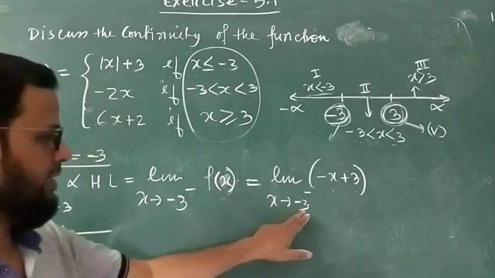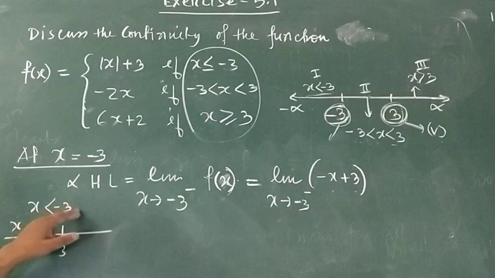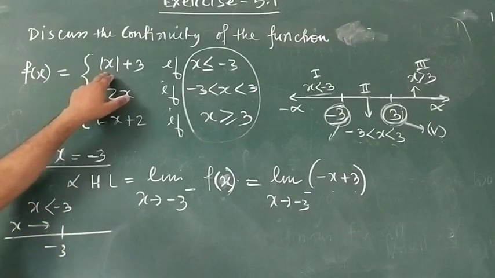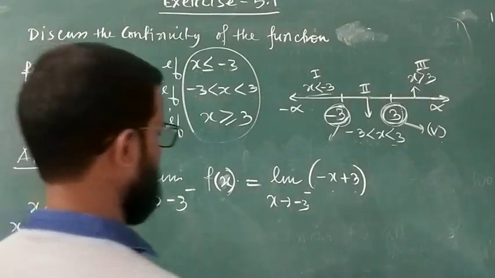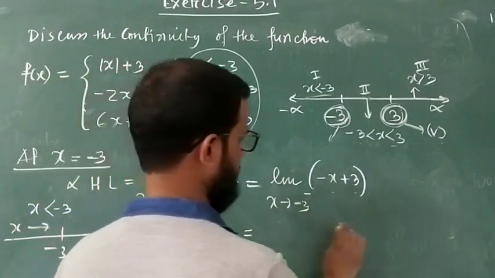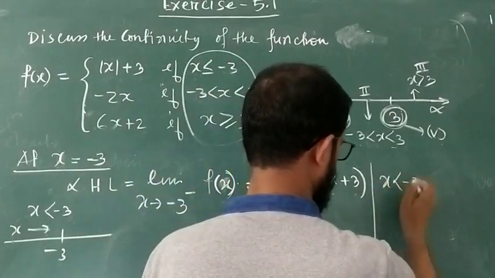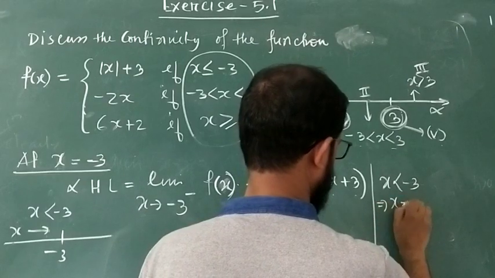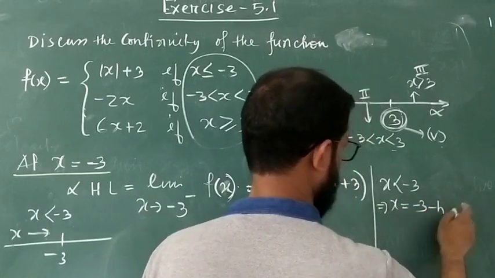Because x tends to minus 3 minus means x is less than minus 3, which is less than 0, and therefore modulus of x is equal to minus x. Here x is less than minus 3, so you can write x equal to minus 3 minus h, where h is positive.